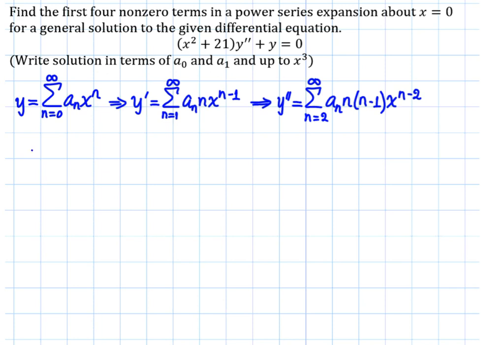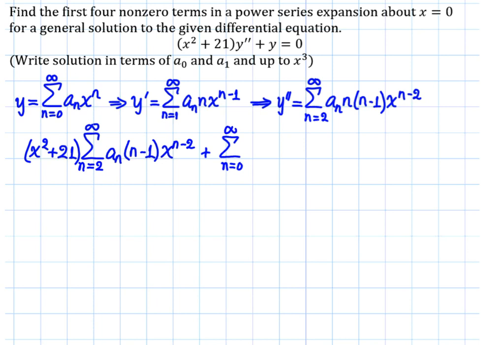We have x squared plus 21 times the second derivative. Now I use the series. That's the second derivative, plus the function y. Now I multiply the x squared to the second derivative and then 21 to the second derivative. I forgot the n here, sorry.